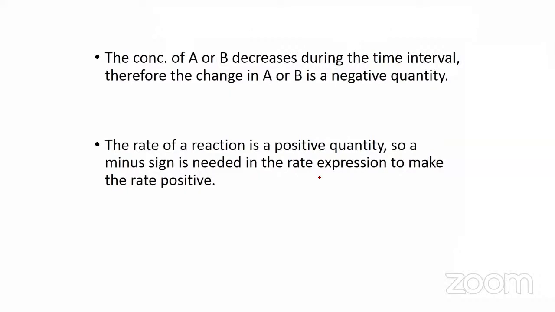But when I got to C and D, the concentration is increasing with time. So I put a positive sign in front of C and D. Although you now know the significance of that negative sign, that it affects only the reactants.